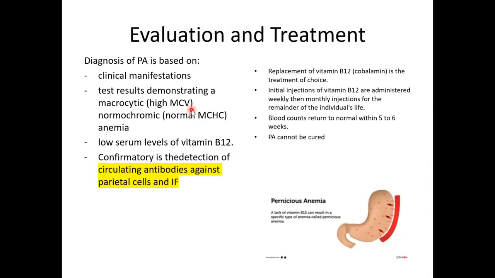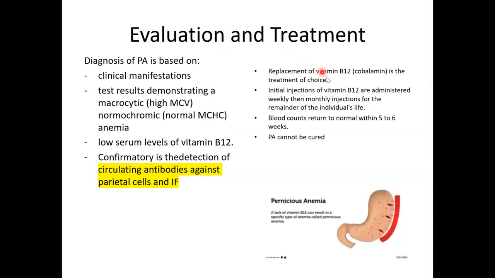Once somebody gets a B12 level drawn and the B12 is low, the next step, which is a very important step, is to draw for these two things right here, the parietal cells and the intrinsic factor, to see if they actually have these antibodies, or is it just a nutritional deficiency? That matters, right? And it matters right here.